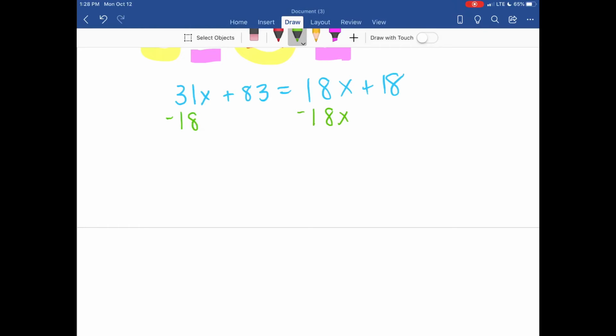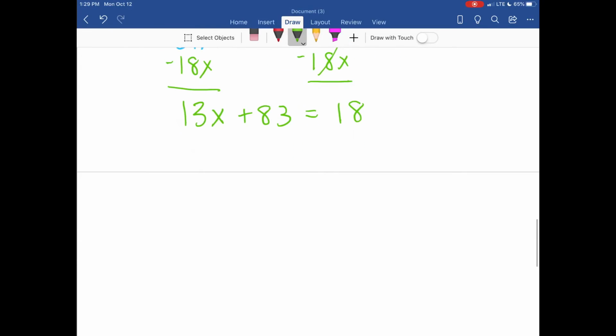So let's get those x's together. And I'm going to subtract 18 from 31. And I think that's 13. So I have 13x plus 83 equals 18. Nice. And now I want to move that 83 over to the other side so I can combine it with its like term. So I'm subtracting 83 from 18.